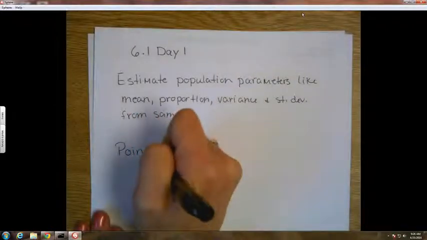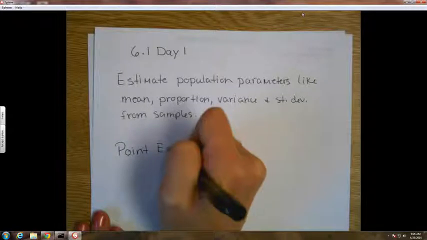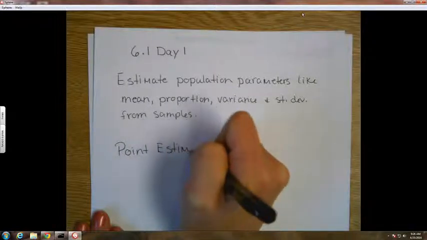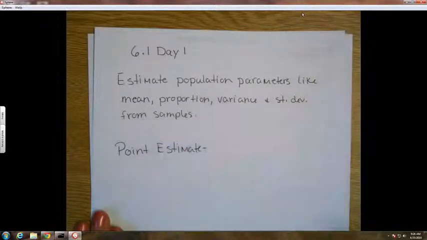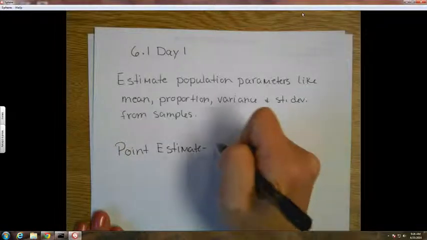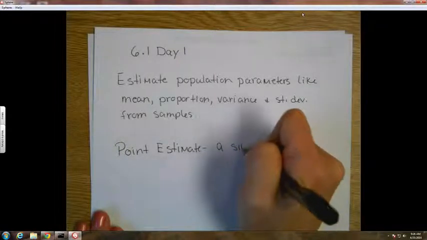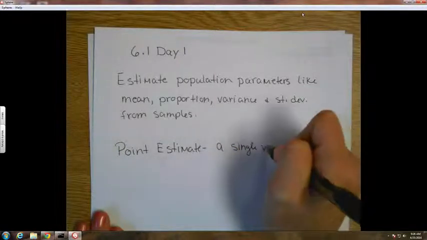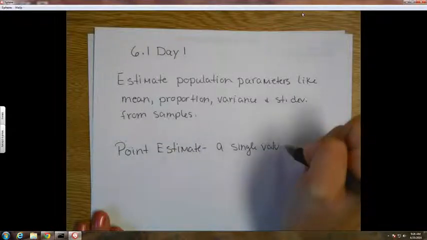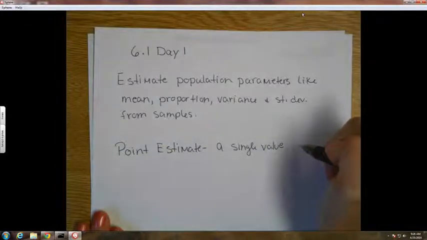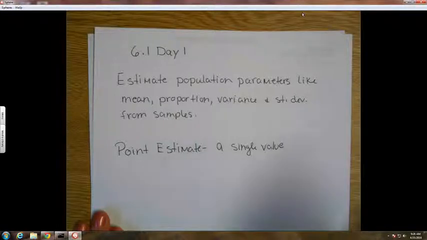A point estimate is a single value estimate. I should say a single value. Okay, so it's a single value. In this section, we're going to be estimating population mean.